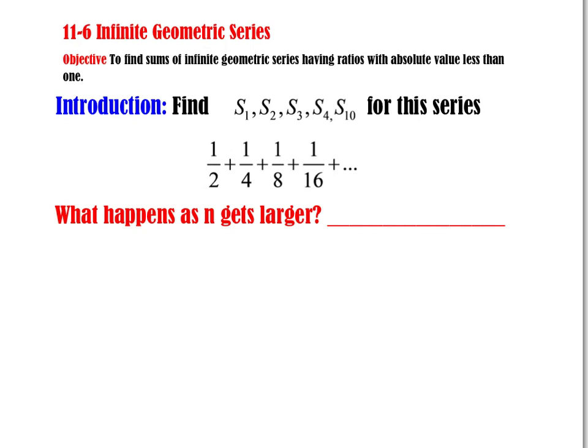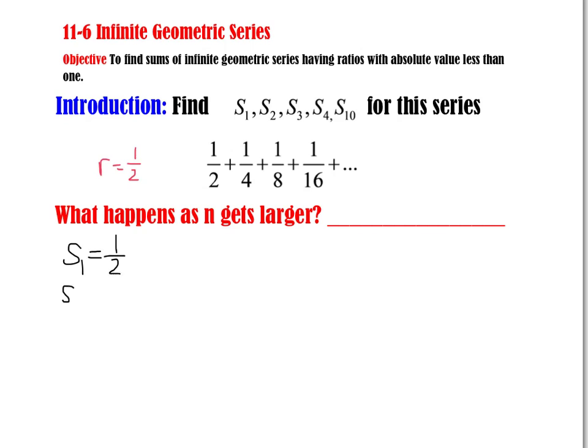This is just going to illustrate a point. Let's say we have this geometric series. Let's find the first couple sums. Let's not do all of them, but let's find a few. I can tell here that my common ratio is 1/2. So S1, if I just added up all the terms up to 1, is just 1/2.